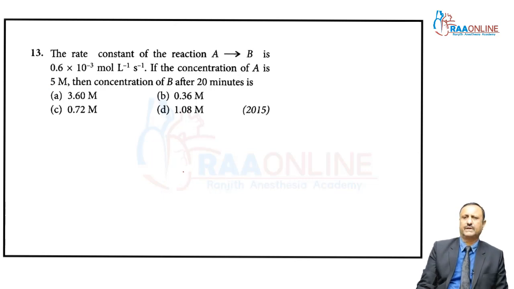The rate constant of the reaction A to give B is 0.6 into 10 to the power minus 3 moles per liter. If the concentration of A is 5 molar, then the concentration of B after 20 minutes is, my dear students, when you calculate the concentration of product, here you can use the concept and formulas.